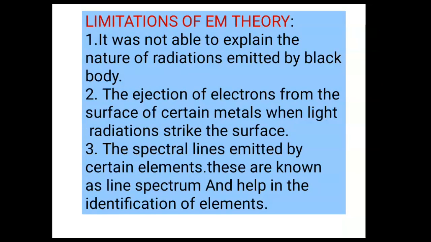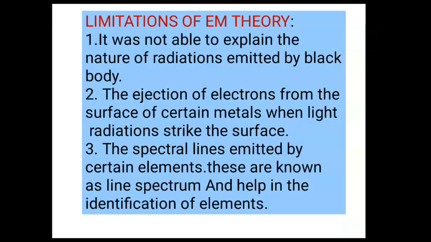Next is limitations of electromagnetic theory. The very first limitation of this electromagnetic wave theory is it was not able to explain the nature of radiations emitted by black body. Number 2, the ejection of electrons from the surface of certain metals when light radiations strike the surface.